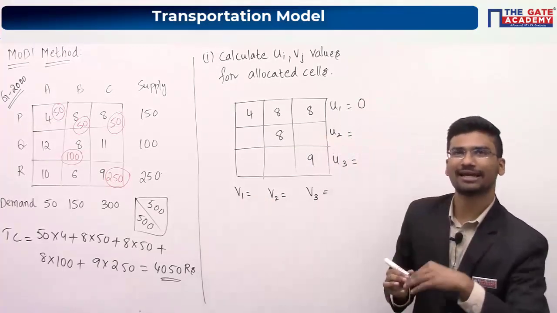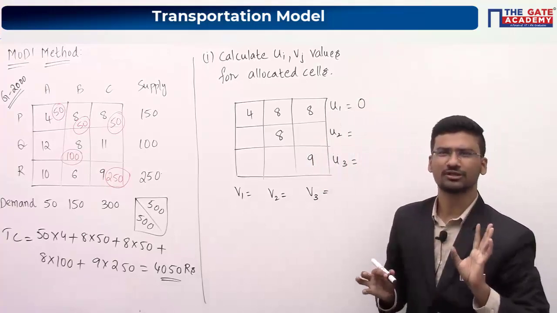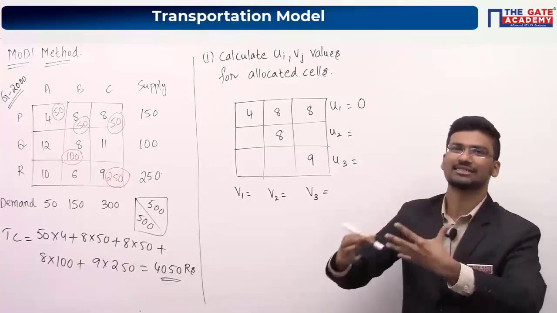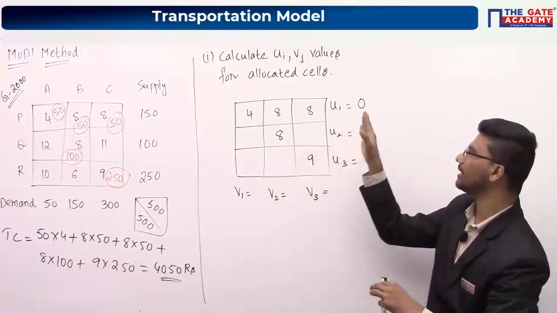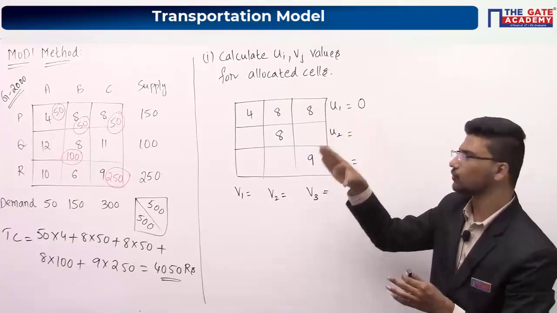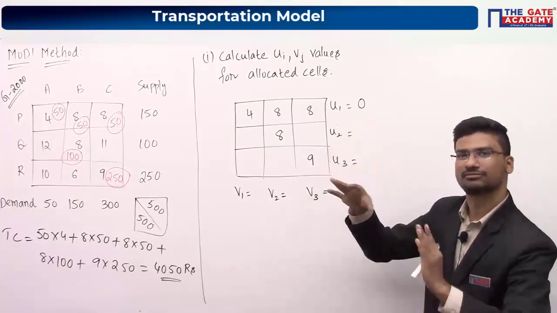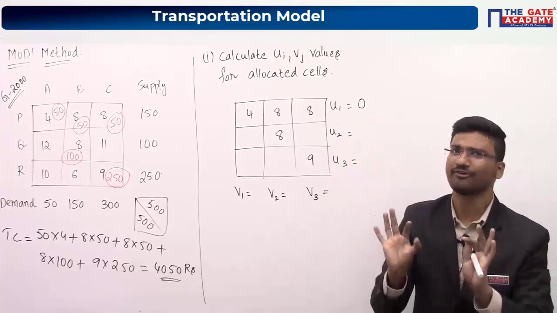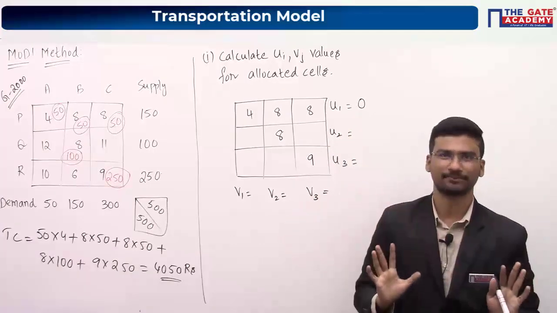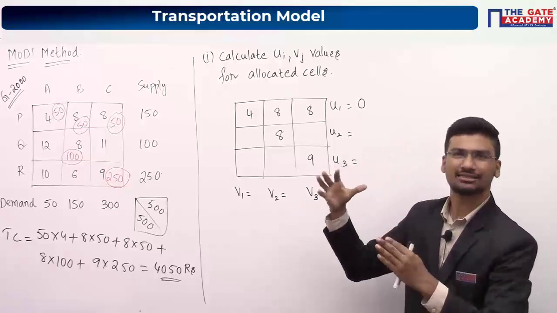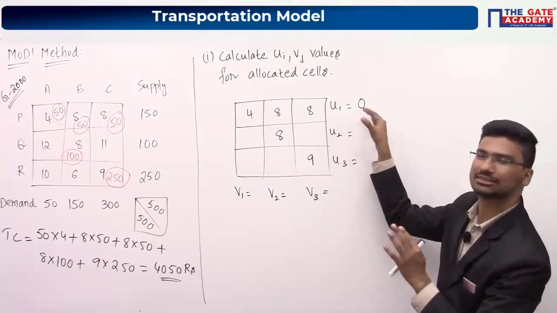Maybe you can assume any other value as 0 also, no issues. But we can standardize this, so in each and every question I will be assuming the U1 value as 0. Even if you assume U2 as 0, that is okay. You will get the same final optimal solution. I am standardizing this, so I am taking the U1 value as 0.